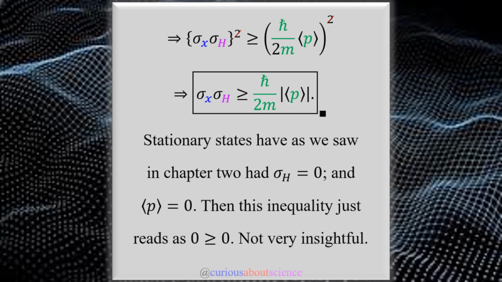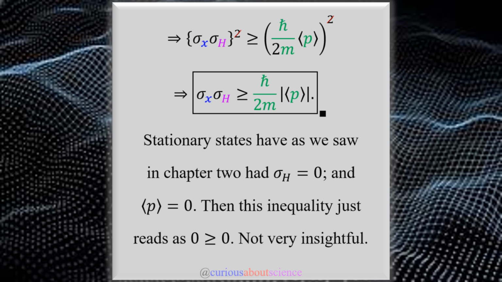And then we were asked about specific things like the stationary states. I mean, look, the stationary states being eigenstates, what we saw in chapter 2 shows that the standard deviation in the energy is 0. The expectations are going to be equal to one another, so we're fine there.